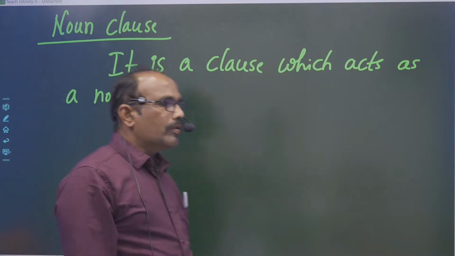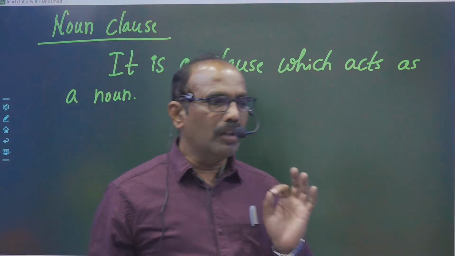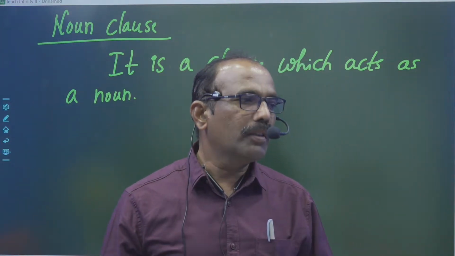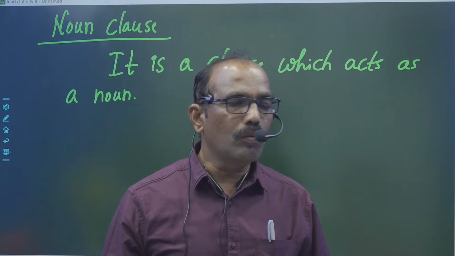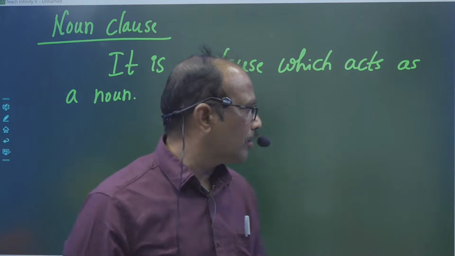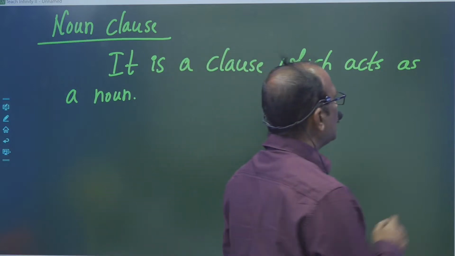It is a clause which acts as a noun, a clause that works as a noun in a sentence. Mainly it is a subordinate clause, because that is actually a subordinate clause.